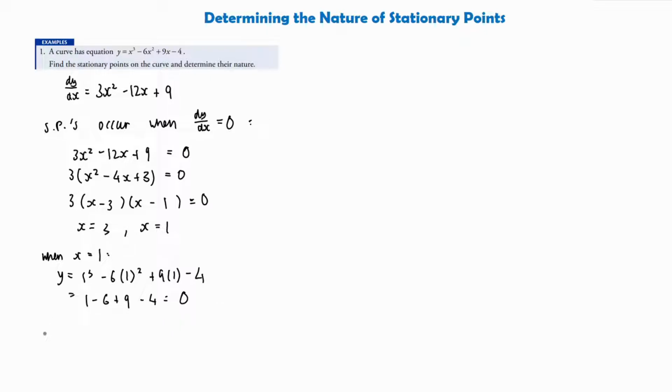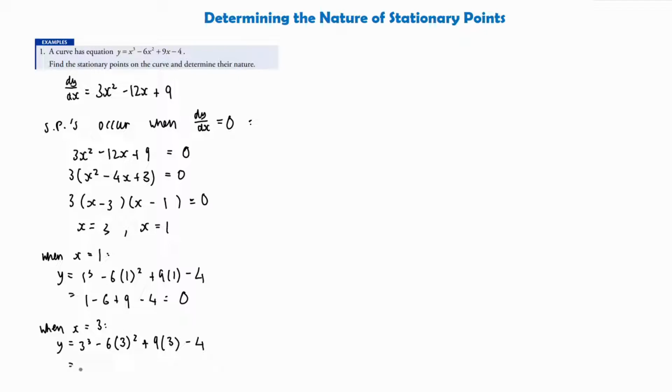And we also want to work out when x is equal to 3. So when x is 3, our y is going to be 3 cubed minus 6 times 3 squared plus 9 times 3, subtract 4.